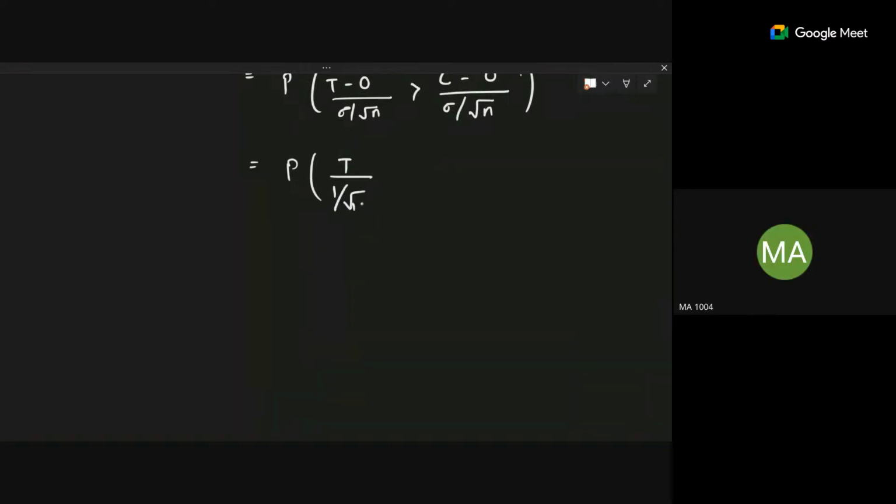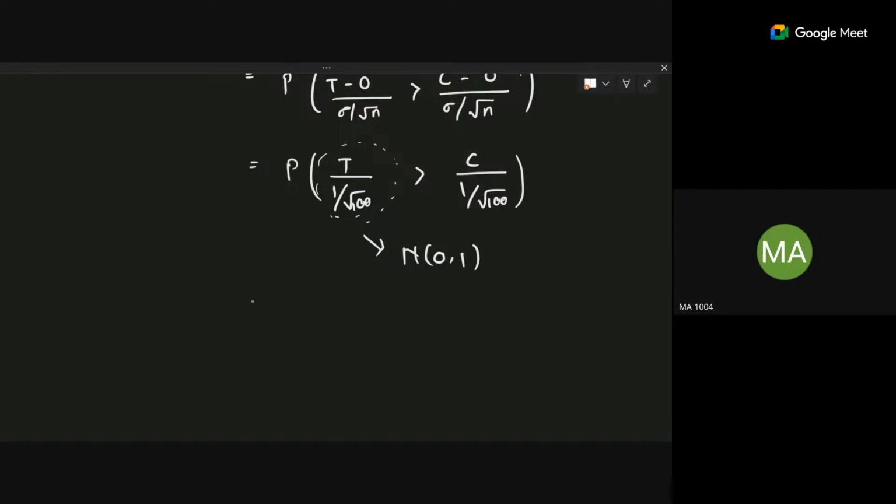So this is 1 upon c upon 1 upon square root of 100. This one is nothing but the Z distribution, right? This is the Z distribution, or you can say a normal distribution, with mean 0 and variance 1.